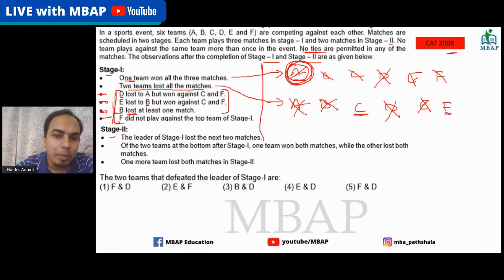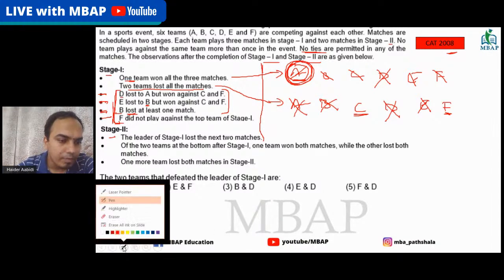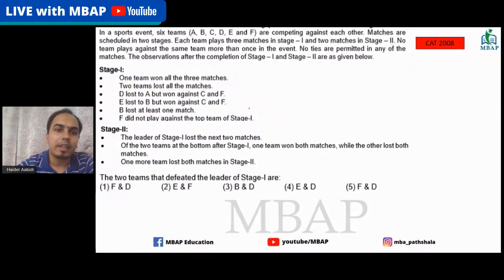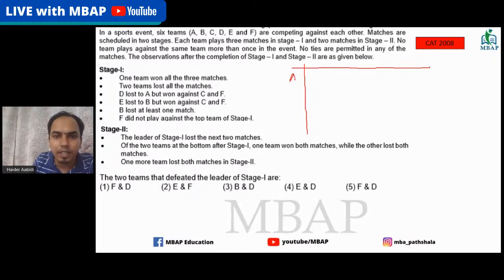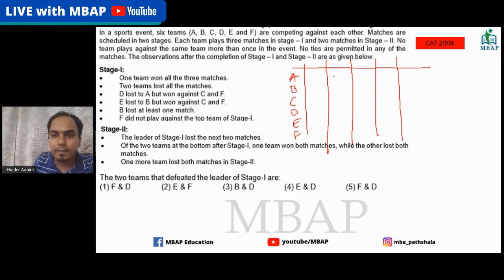So in order to make a points table on that, I'll just clear the screen. What you can do is put the teams in this fashion: A, B, C, D, E, and F, and then put them in front of each other, like this.